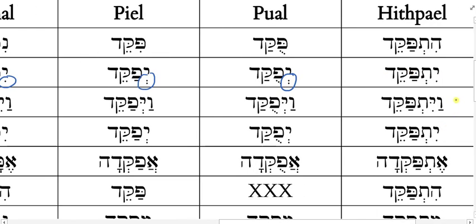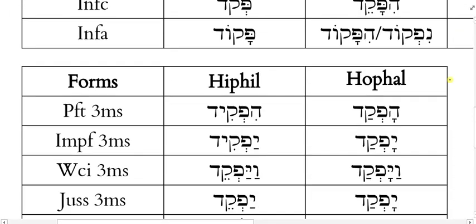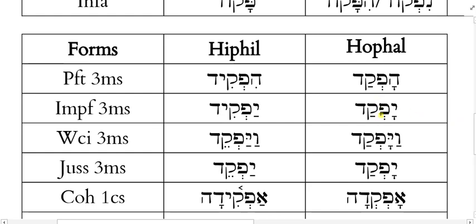Hithpael, the prefix gets a hireq. Interesting. I haven't seen any A-class vowels here, have I? Look at the hofal. What vowel is under the yod in the imperfect? That's a kamets hatuf. That's a U-class vowel, isn't it? And in my hifil, I have an A-class vowel. That is truly the only place I have an A-class vowel under my imperfect prefix. Okay?